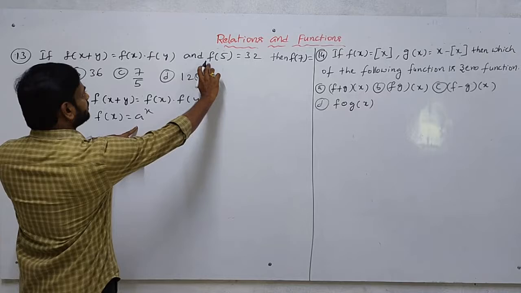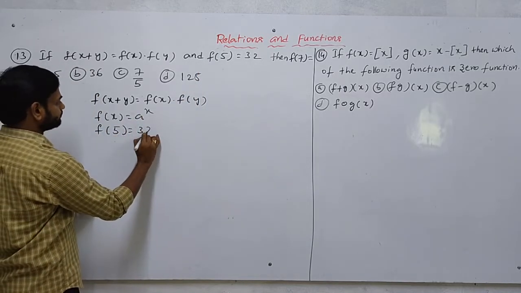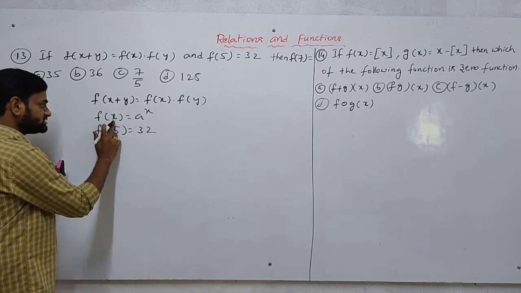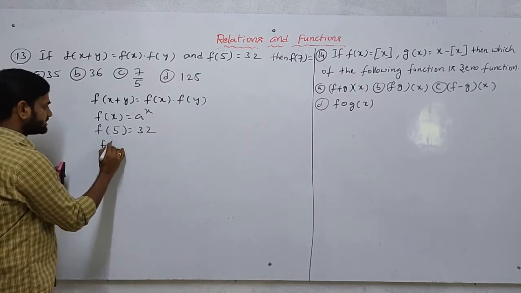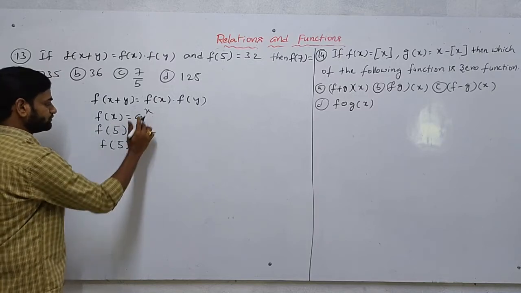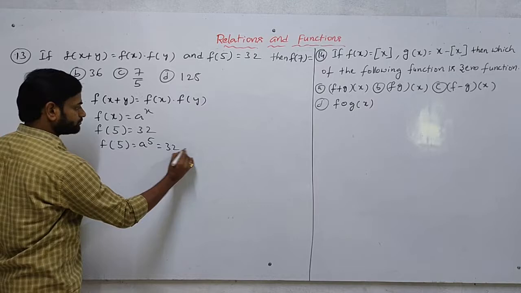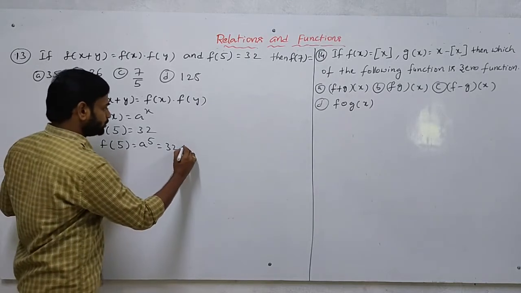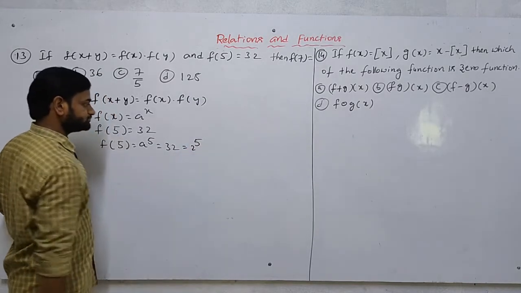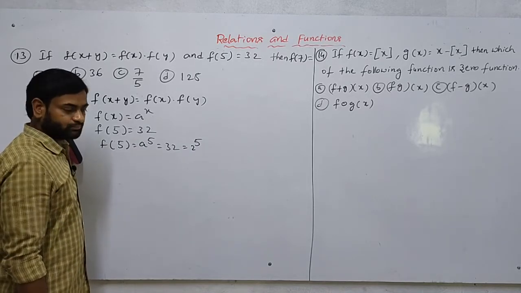Now the given value is f of 5 is equal to 32. So just substitute x as 5. That is f of 5 is equal to a power 5. This one is given as 32. So this 32 I am writing as 2 power 5. 2 power 5 is 32.